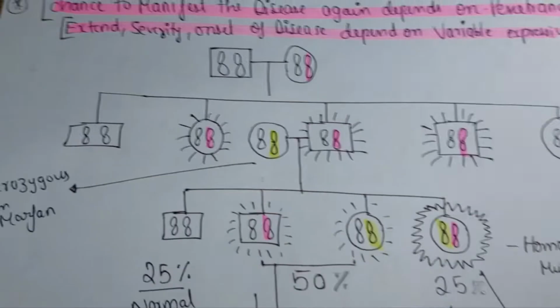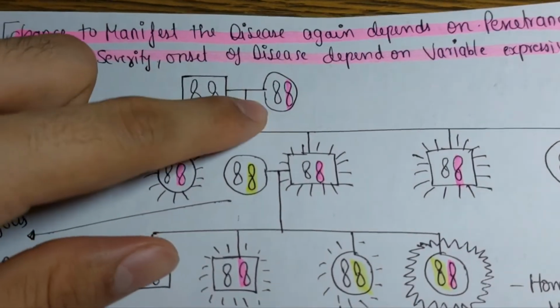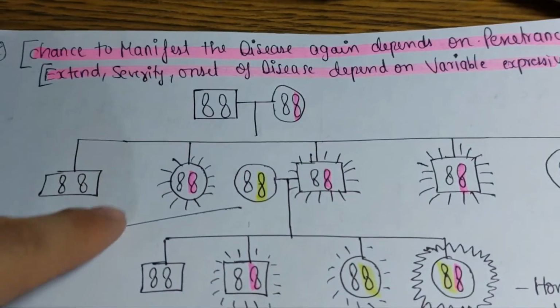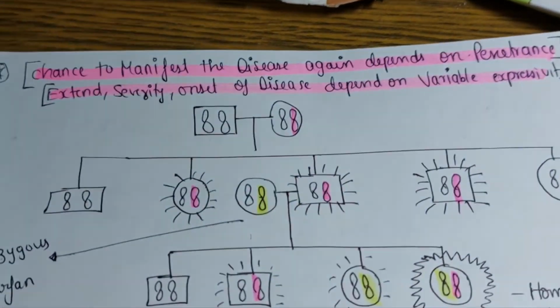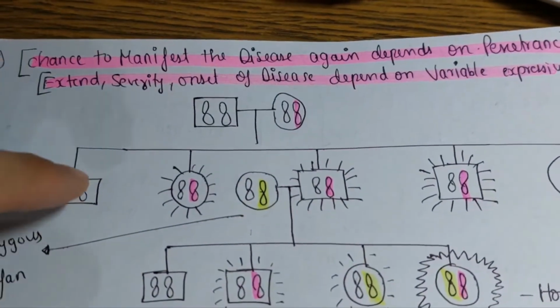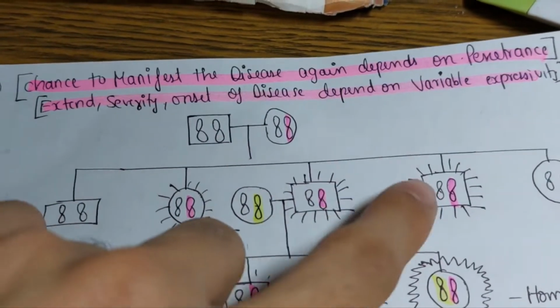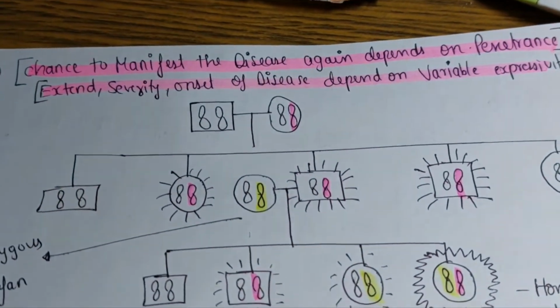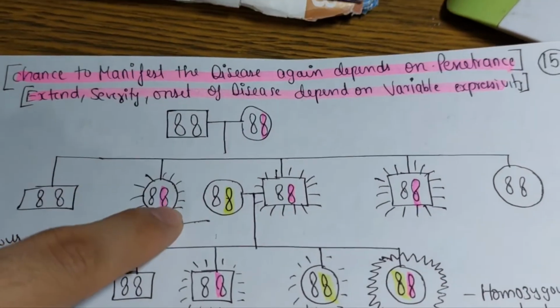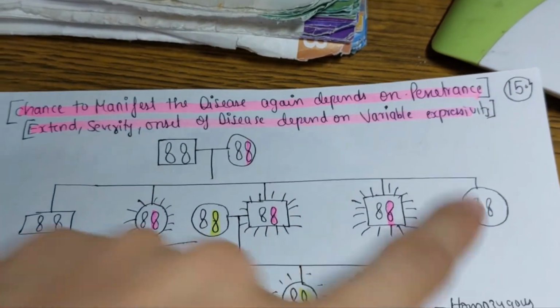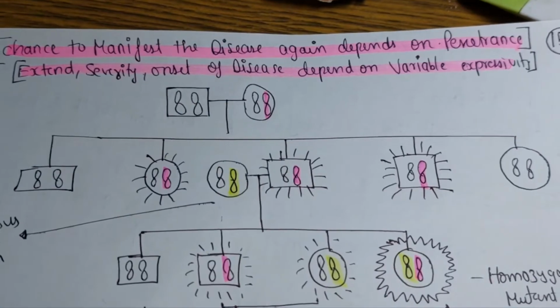When we cross a homozygous parent and a heterozygous parent, the probability of the offspring having the abnormal genotype is 50% abnormal genotype and 50% normal genotype. So there is a 50% chance of a normal offspring and 50% chance of an abnormal offspring.